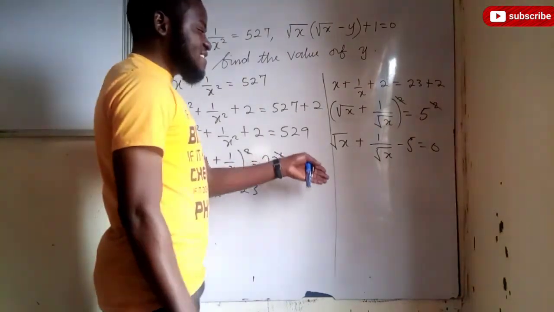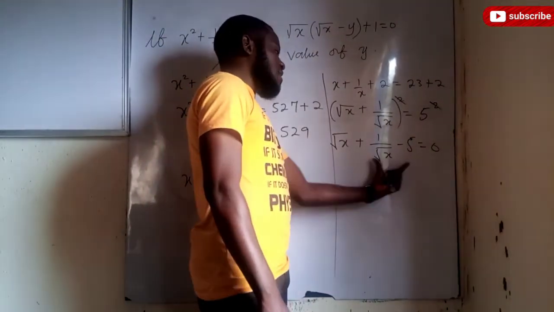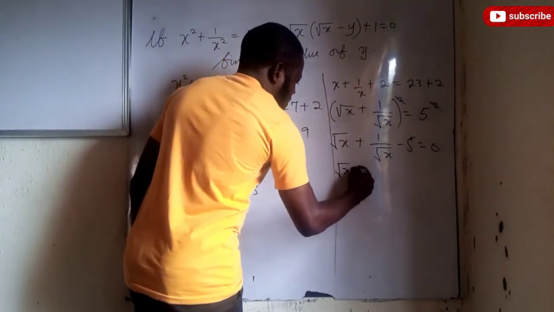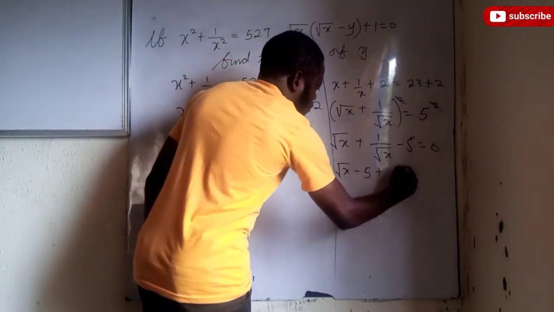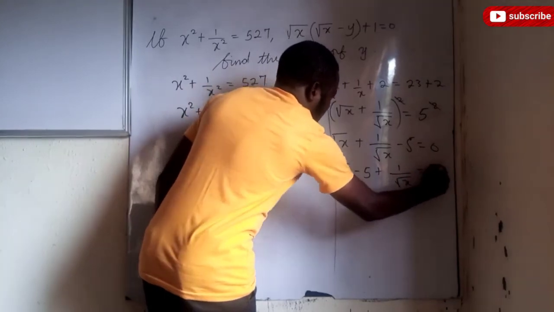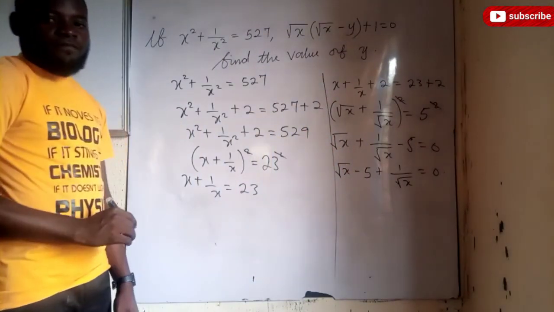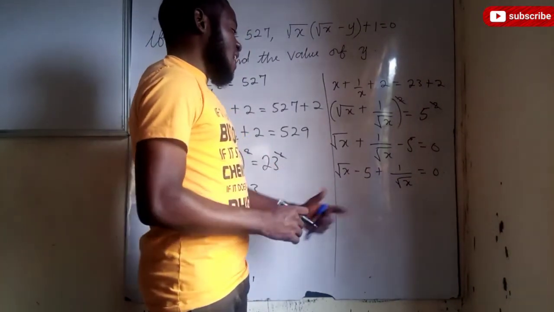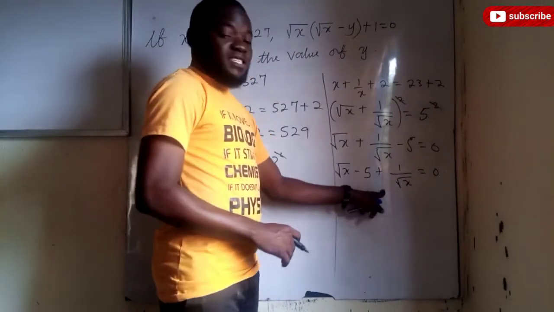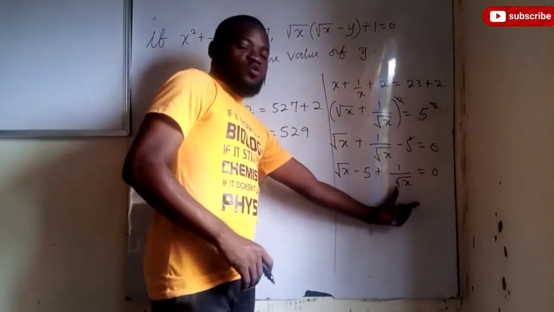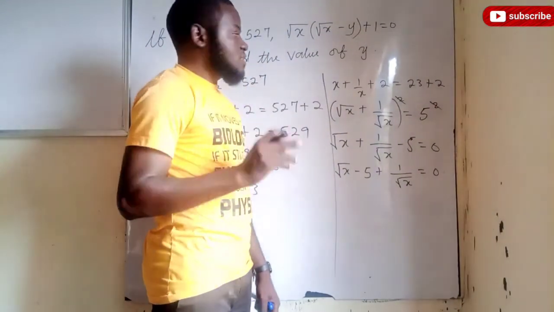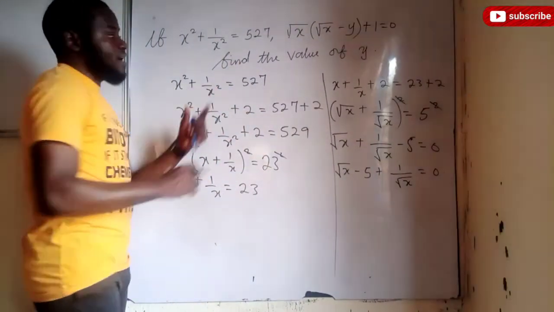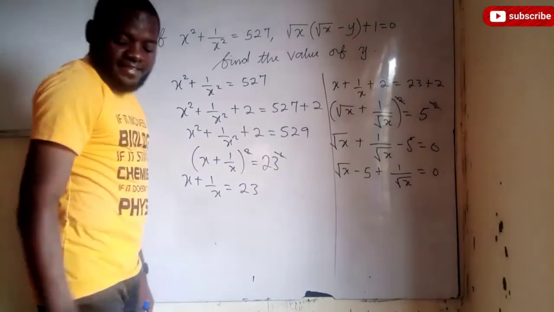Okay, now that we have this, I can rewrite this equation like the square root of x minus 5 plus 1 over the square root of x equal 0. So, what I can do here now is to look for the LCM of 1 and the square root of x. Remember, the focus of this class is to make this particular function here look like this.